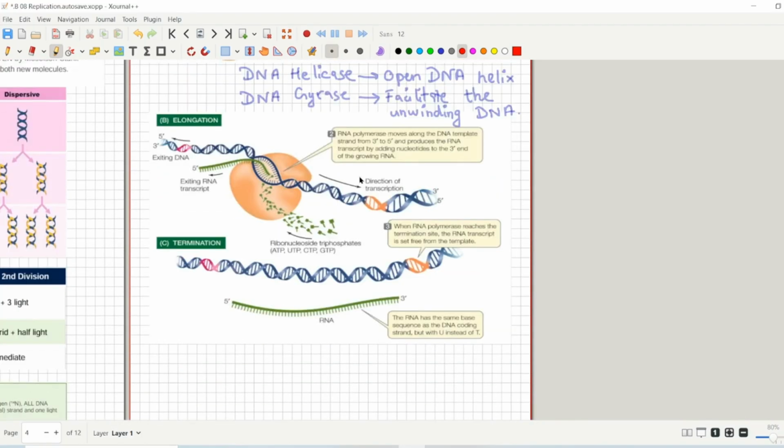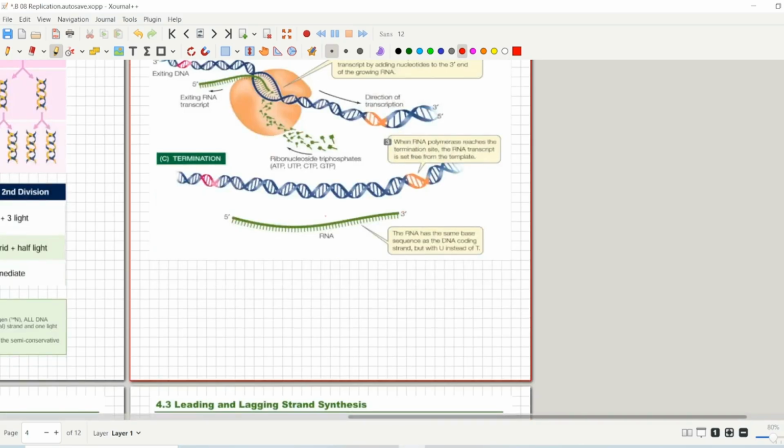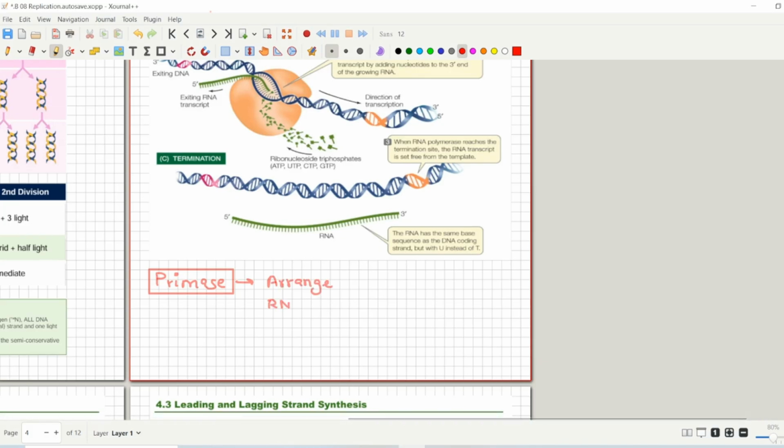Okay, so for this purpose, we have an enzyme called DNA polymerase, but before DNA polymerase we will talk about another enzyme, called the primase enzyme. So what does primase actually do? Primase is involved in arranging some RNA nucleotides.